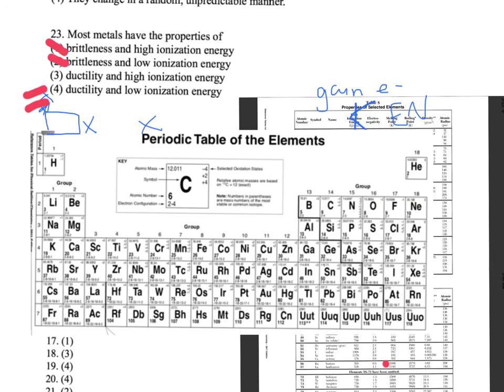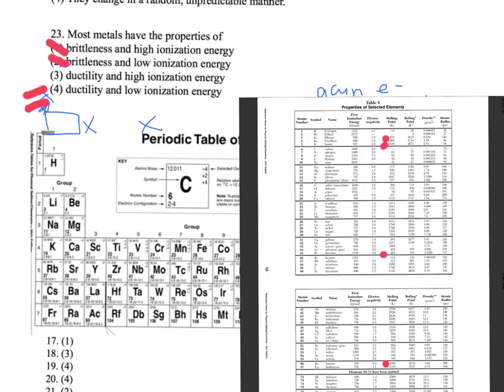Their ionization energy can be evaluated on reference table S. So looking at reference table S, if we pick, let's say, period number 2, starting with lithium, moving on over to neon, when we look at the ionization energies, the metals like lithium and beryllium tend to have lower ionization energies than fluorine and oxygen. So they tend to have low ionization energies. So they are ductile with low ionization energies. This concludes the review for your periodic table exam.